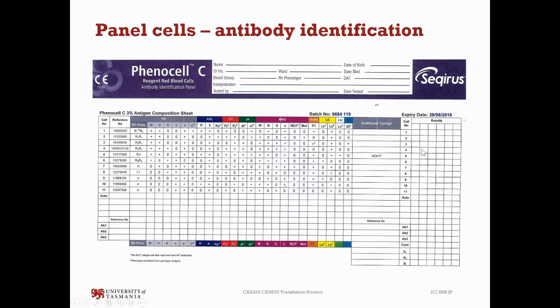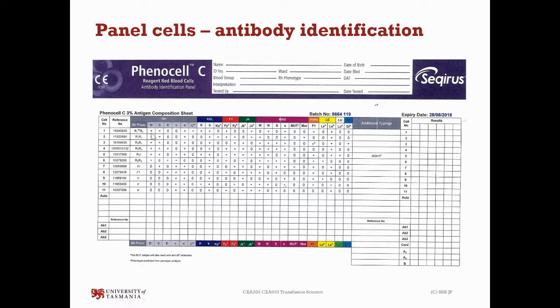So what you do is you react your patient's plasma with each of these panel cells, you get a set of reactions that you write down here, and then you see if your set of reactions matches any of these sets of reactions to see if you can identify the antibody you have. Then you go through a process that we call crossing off, which Melina will introduce you to in your prac sessions this week, and we will talk a lot more about in the weeks to come.